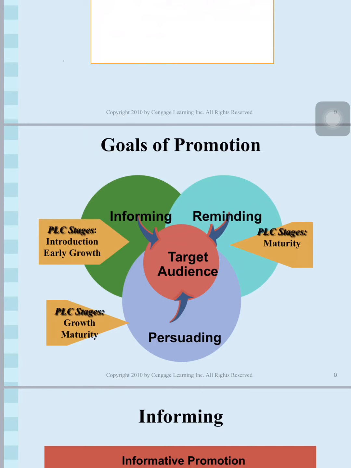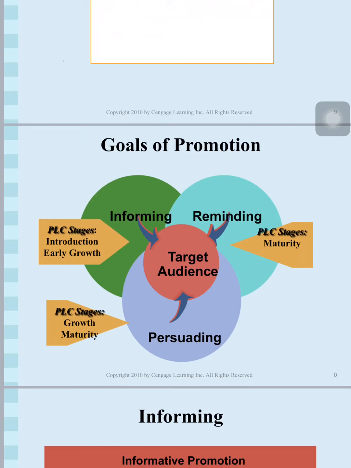So next is persuading. Persuading is where the persuasive promotion is designed to stimulate a purchase or taking action. The customers, the target market, will take action after you persuade them.